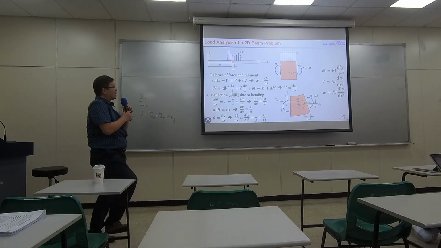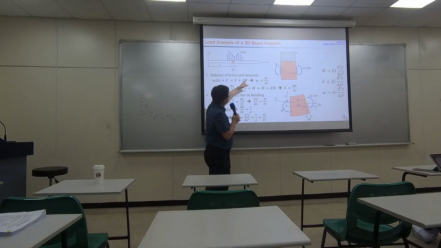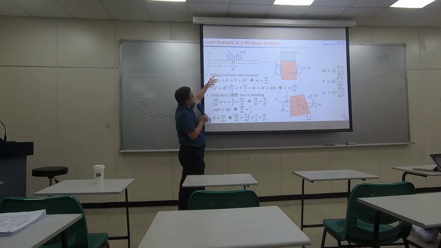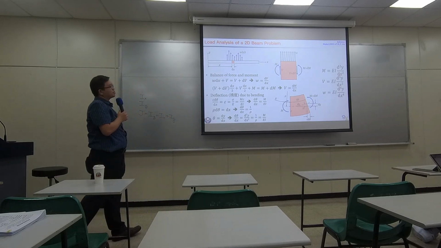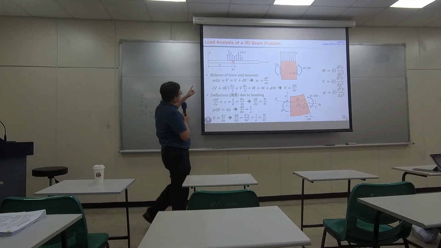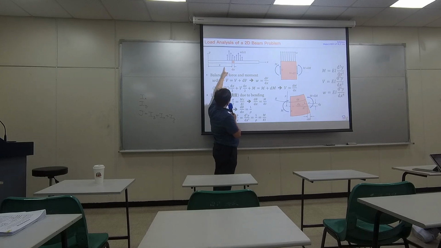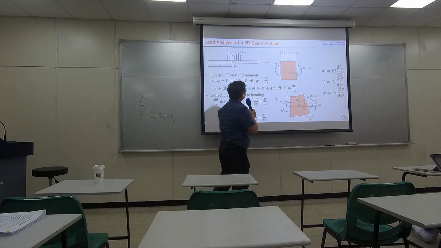So what's happening is this beam could have a distributed load, W(x), from the top. If you observe somewhere at x and make a tiny cut with the width of dx, that particular piece is shown right here.